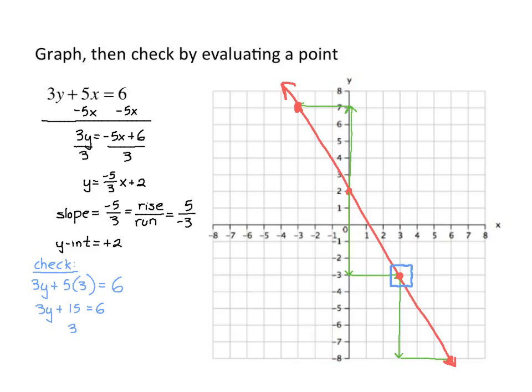Subtracting 15, I get 3y equals negative 9, and I can then take this one step further and find that y would equal negative 3, which is great because I was hoping to confirm from this whole thing that I get the point plugging in x is 3, getting y is negative 3, and that is exactly what we did.